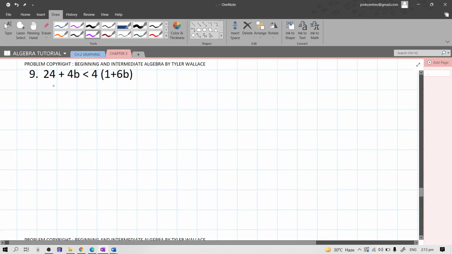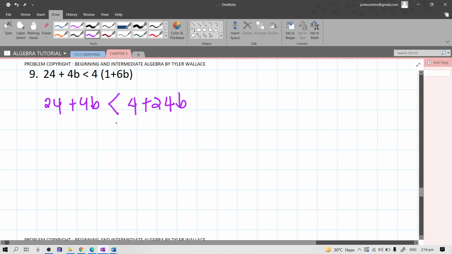So, ganun pa rin yung ating gagawin. We have 24 plus 4b is less than 4 plus 24b. Okay? So, dito, ang mangyayari na is dalawa na yung may b natin.